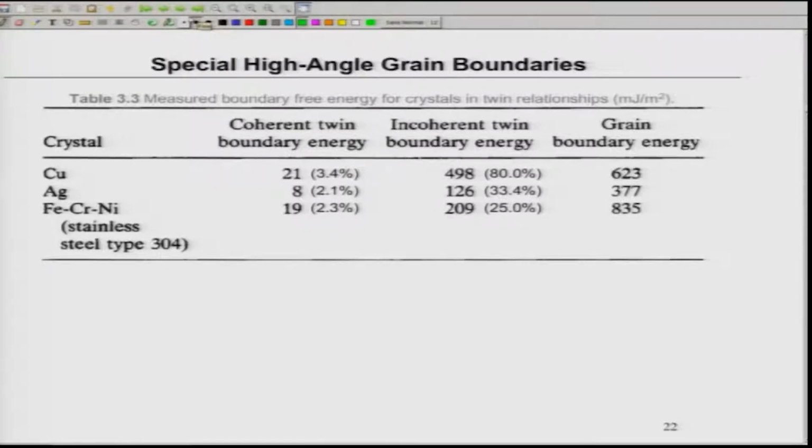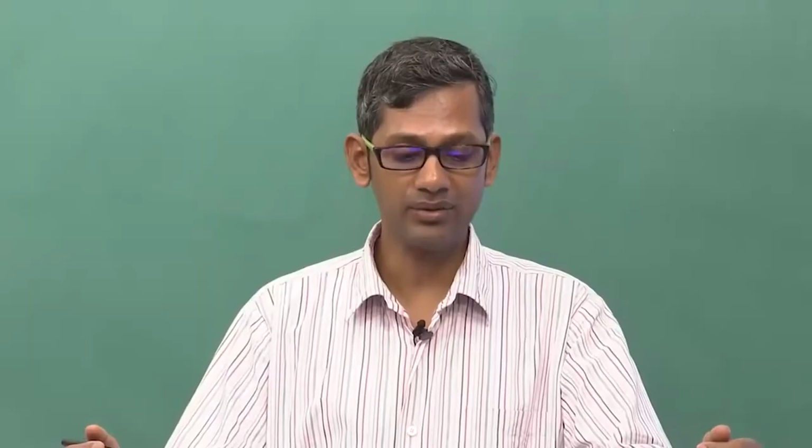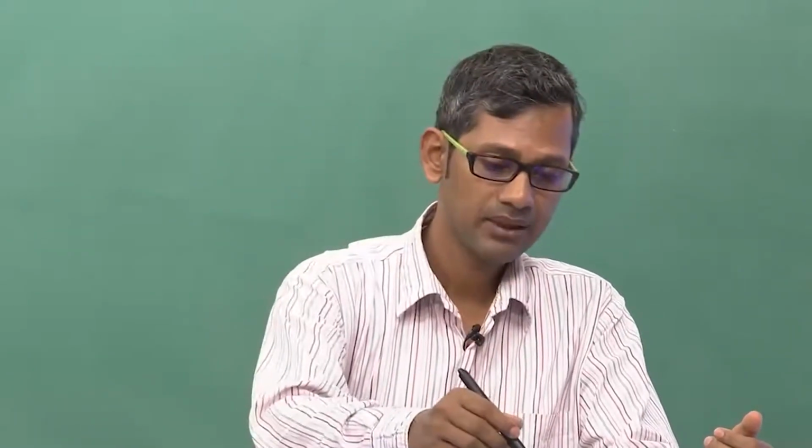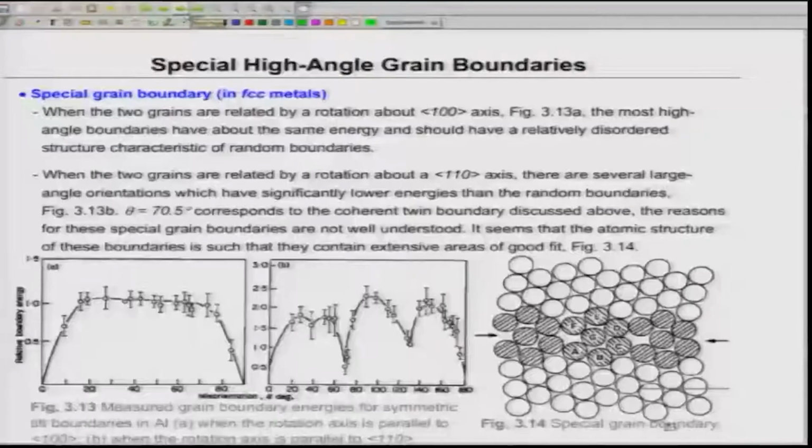Now, incoherent twin boundary on the other hand is one order of magnitude higher, about 500 or 100, at least 100, and normal grain boundaries are even much higher. So, it is very clear that if you have twin oriented grain boundaries, even when the angles are high, 10 to 15 degrees or higher, I can still have a very low grain boundary energy. That is one part. Okay.